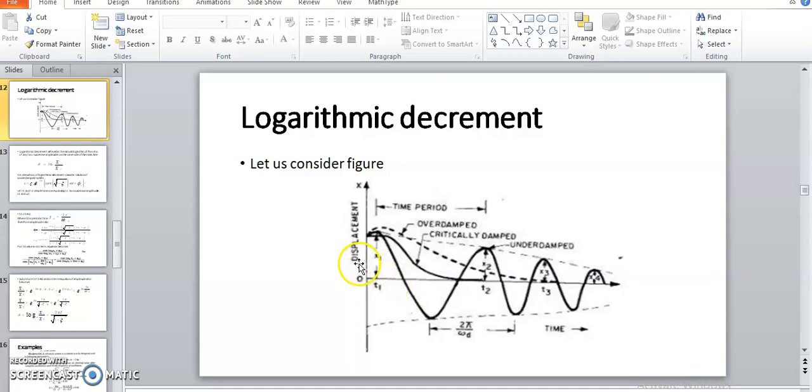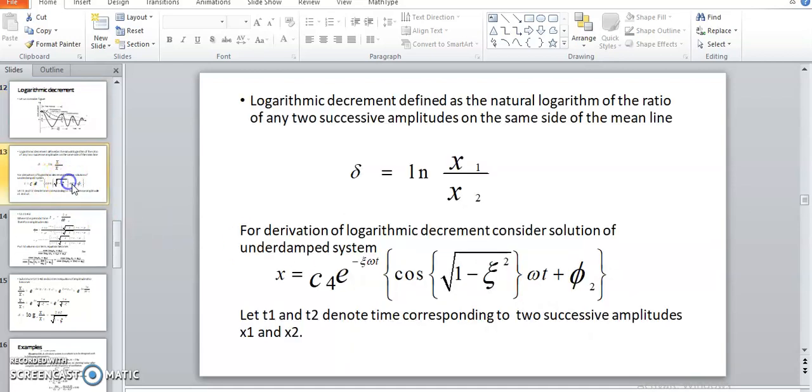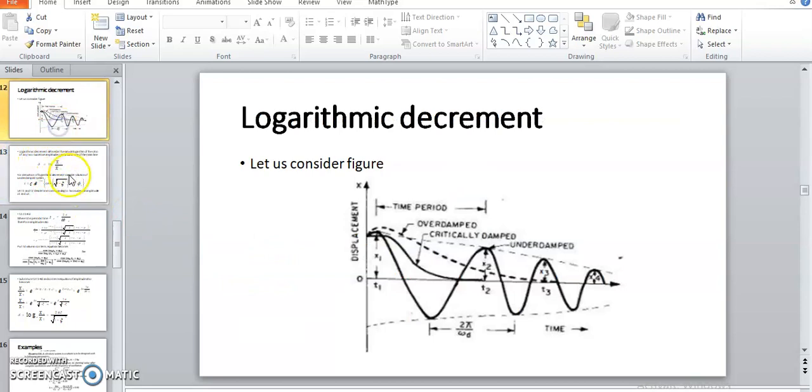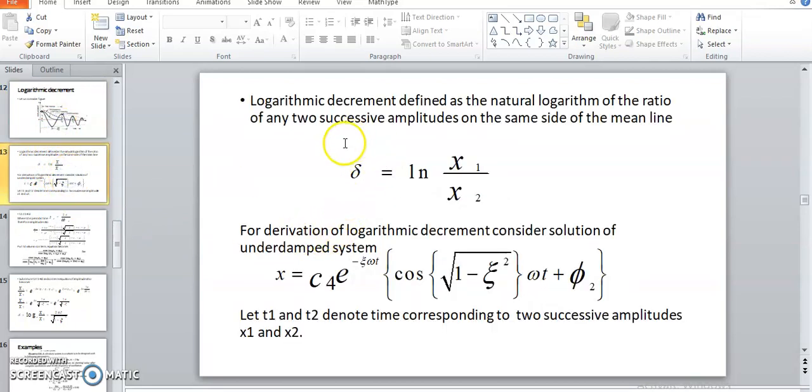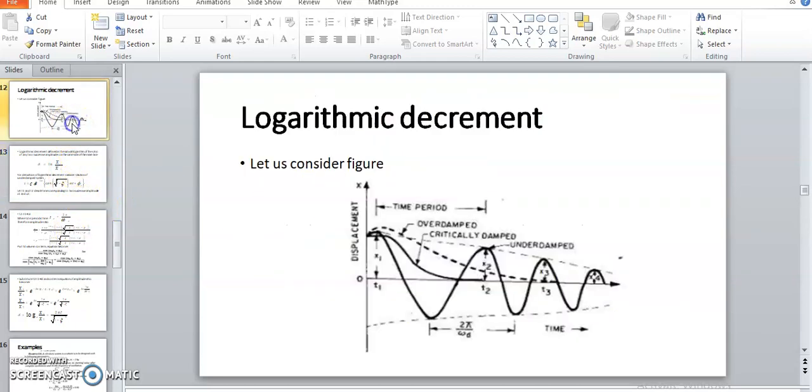This ratio gives the rate of decay. The logarithmic decrement gives the rate at which the amplitude is reduced to 0.